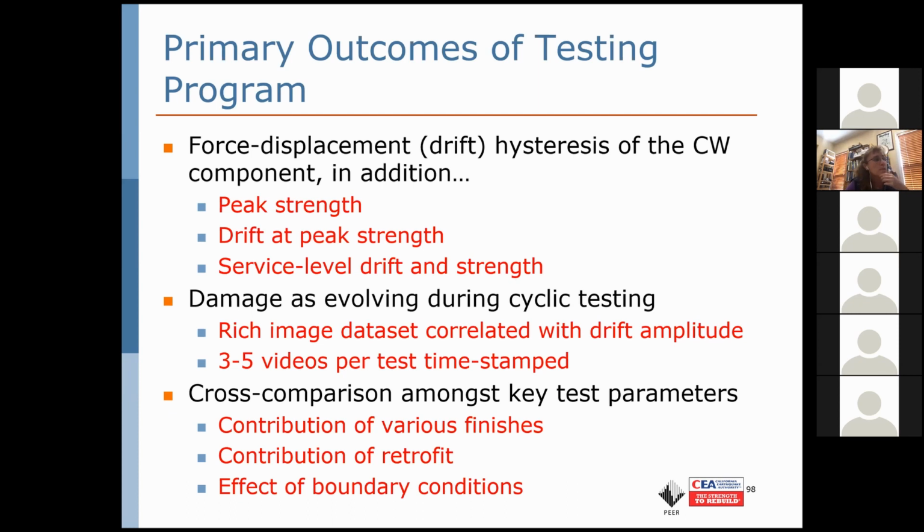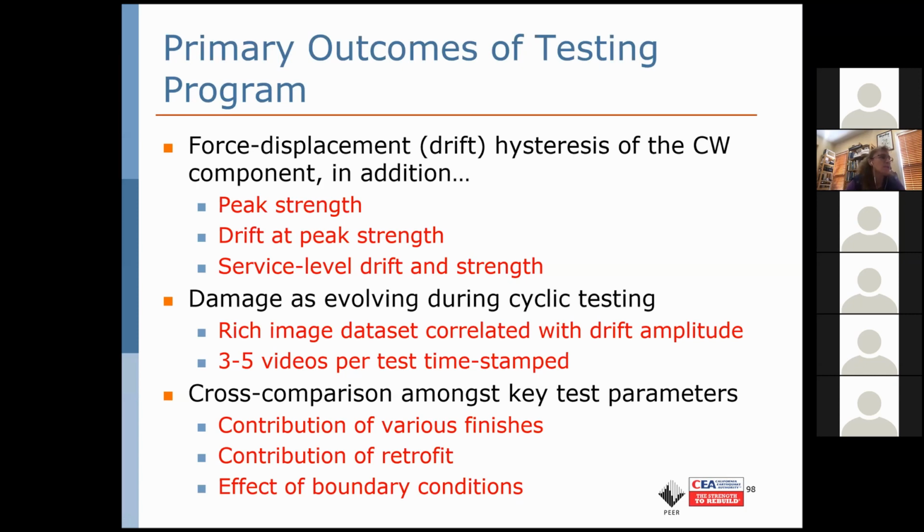We attempted to keep track of the damage as it evolved during the cyclic testing. As a useful outcome for the community, we have a very rich image data set correlating that damage to drift amplitude, and Grace shared with you where all of that data is to be posted. We did our due diligence to try to organize that data, as well as an extensive video database.